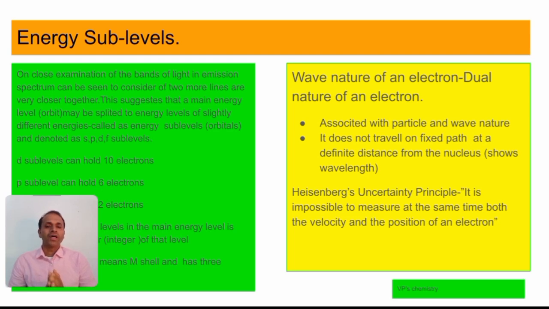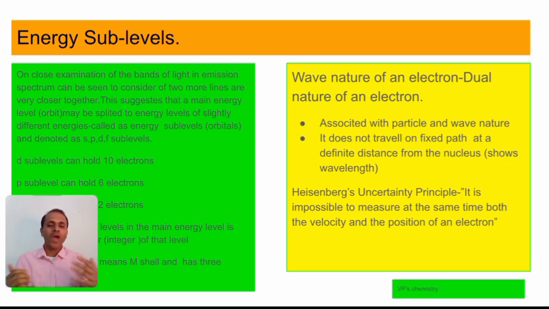Another important point that supports the wave nature of the electron is that it does not travel on a fixed path at a definite distance from the nucleus. It shows some wave nature, which means it shows a wavelength as well.